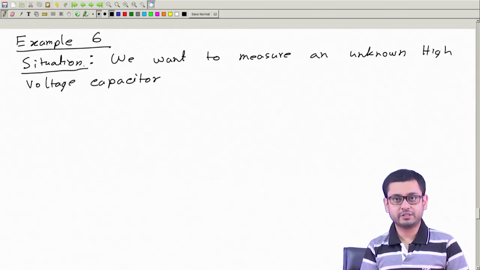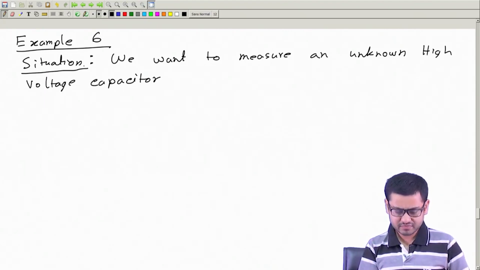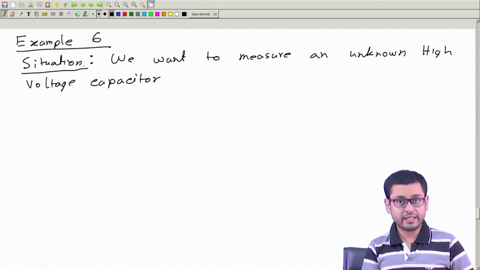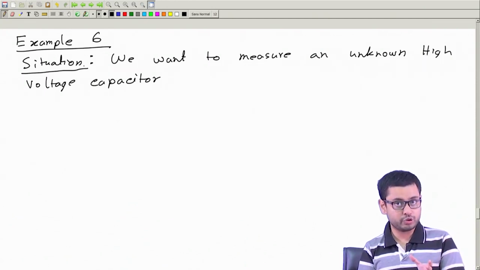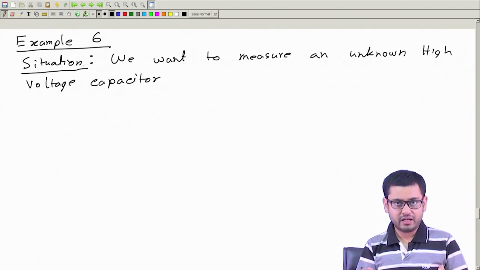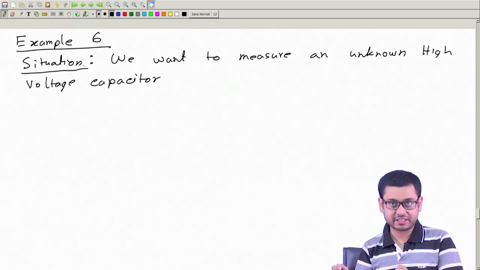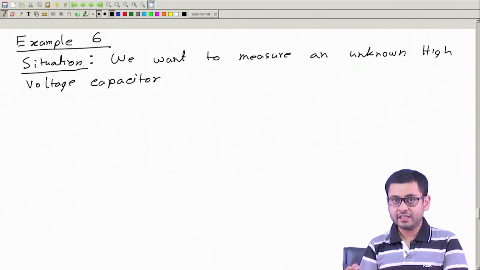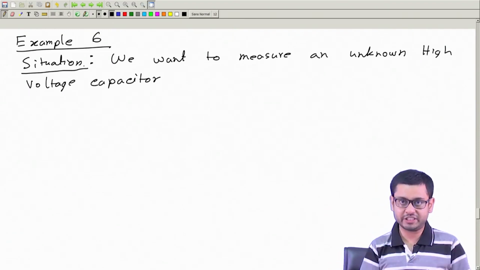So, how will it perform? How much will be the leakage etc. under that high voltage stress? That is what we want to measure. Now, if the capacitor is supposed to work under a high voltage stress and we want to measure its performance, then we should also do the measurement under similar high voltage applied across it.